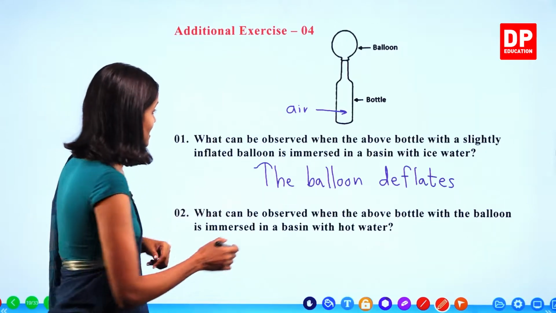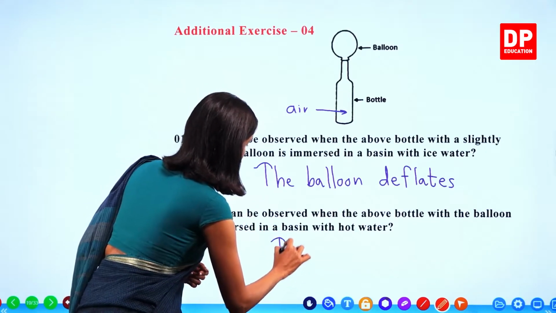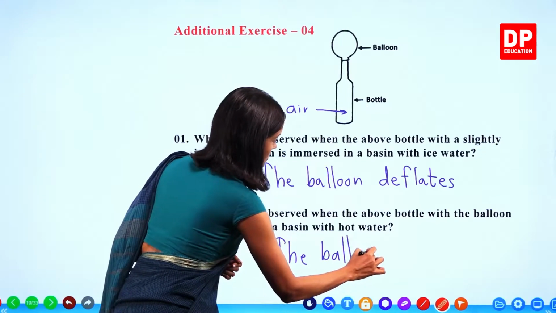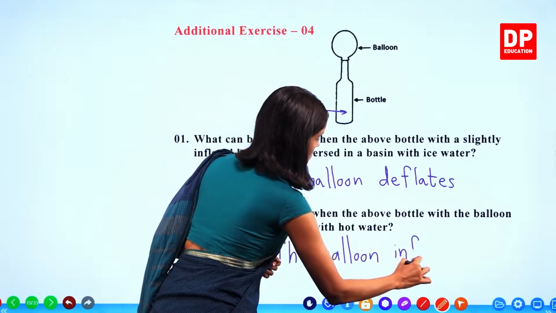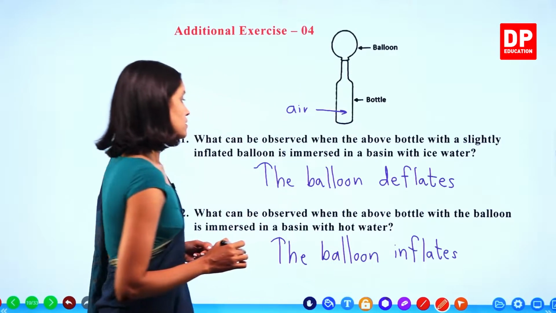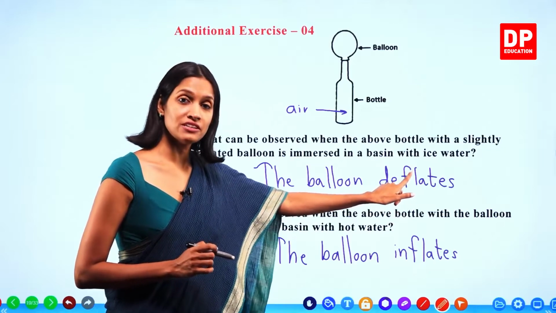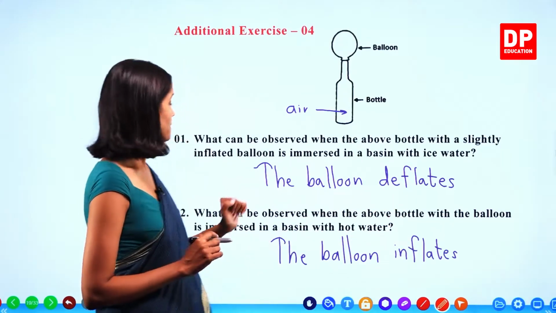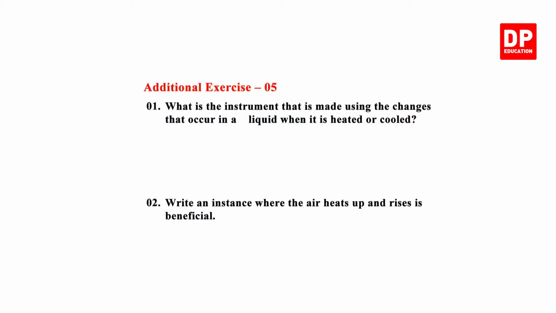Okay, let's write. Here the balloon inflates. So this happens because of the contraction. This happens because of the expansion. Okay? Right.